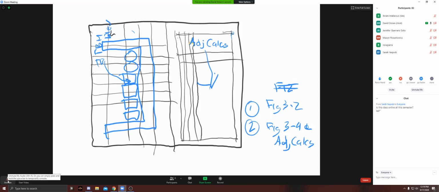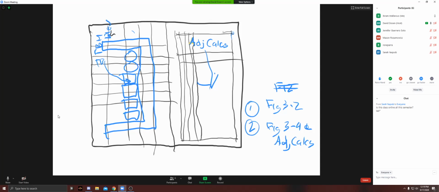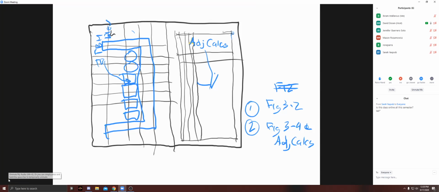All right, is that what you're looking for? Okay. Nope, just figure 3-2. And the only thing you're going to submit are the pages that I gave you a sample of in the files portion of Canvas.